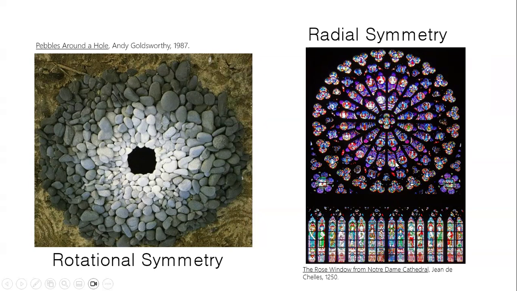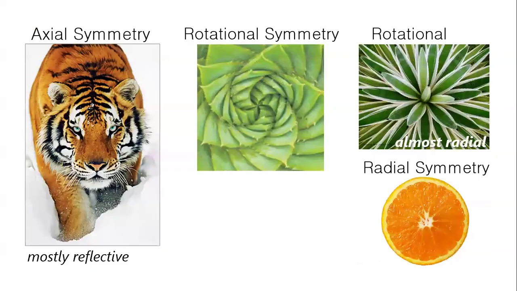But the rose window from Notre Dame Cathedral is radially symmetrical because not only is it symmetrical going around the center, repeating things around and around, it is also symmetrical on an axis. So on the vertical axis, horizontal axis, and even on the 45-degree diagonal axis, it's perfectly axially symmetrical as well as being rotationally symmetrical.